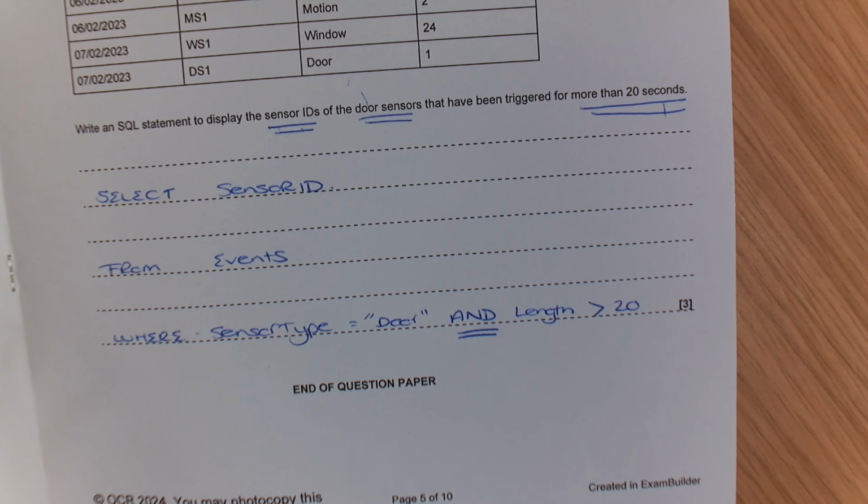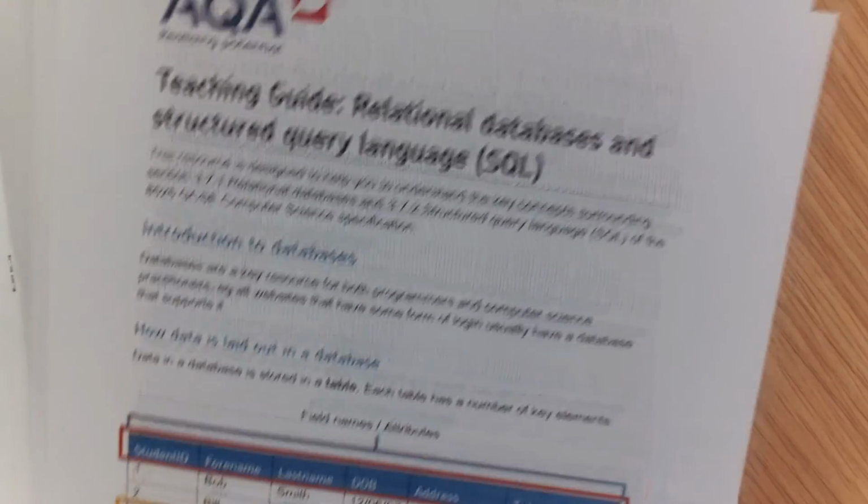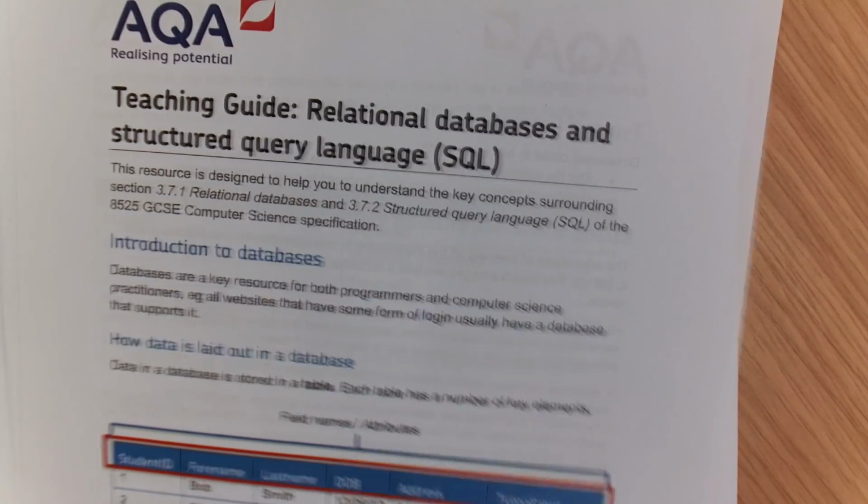Now, one thing I wanted to demonstrate to you, because some of you may not be aware of this, but AQA published this online. It is an AQA document that goes through SQL for you.